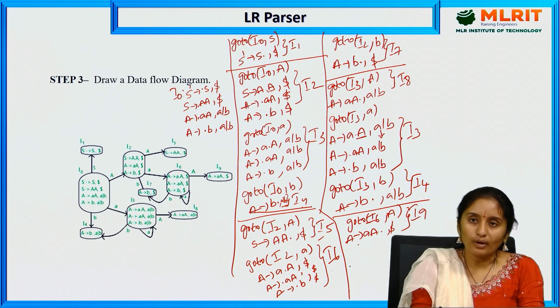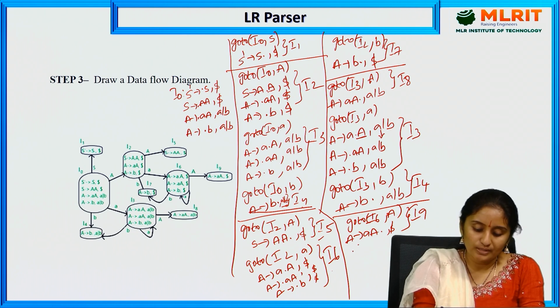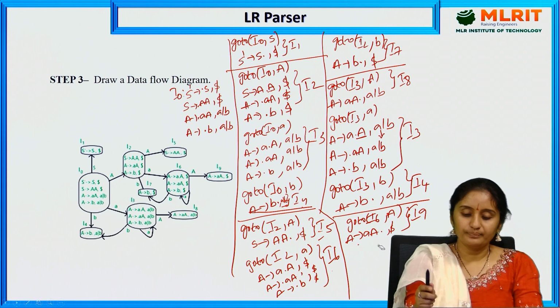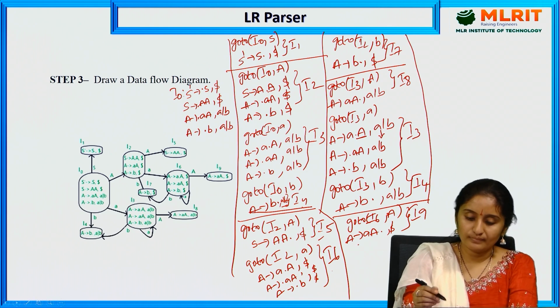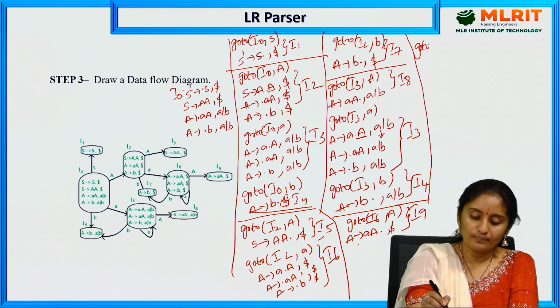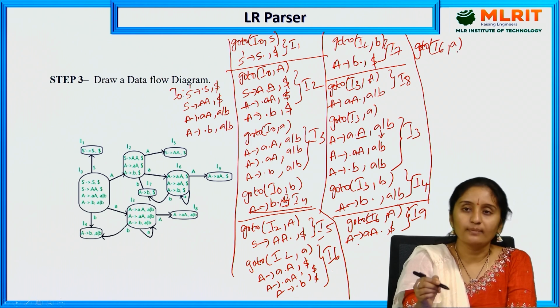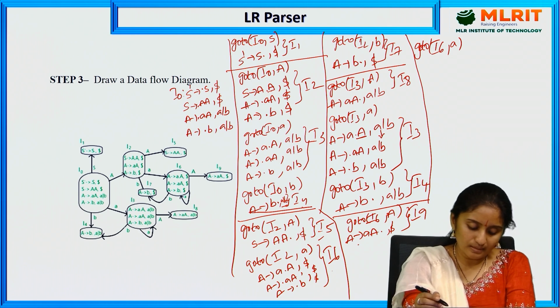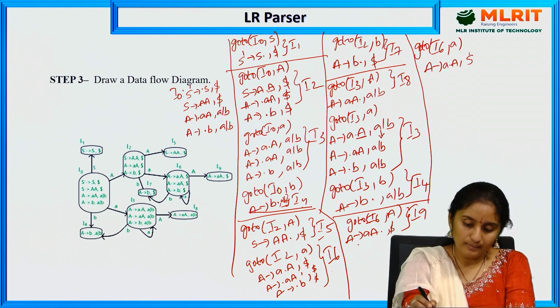I9. Now apply the goto function on this. Go to I6 comma small a. Let me write here. So what we are going to have: I6 comma small a tends to a dot a comma dollar.